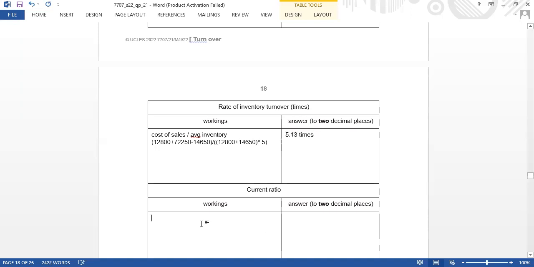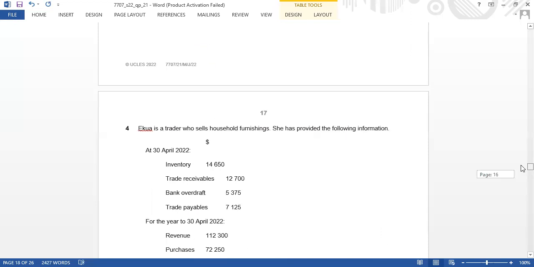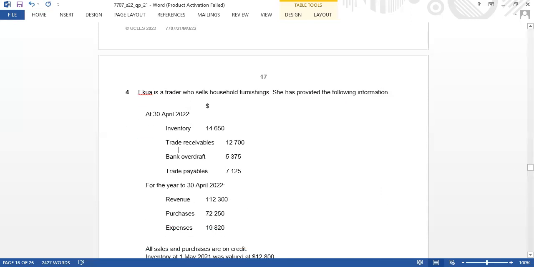Then we have current ratio. Current ratio is calculated by current assets divided by current liabilities. Current assets are closing inventory, 14650, and trade receivables. Current liabilities are bank overdraft and trade payables.